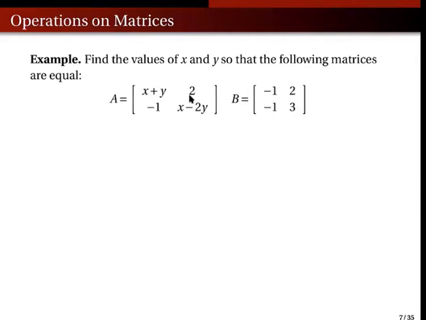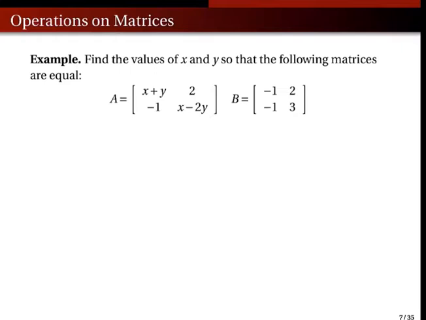Notice this entry here is already the same as this entry, and this entry is already the same as this entry. So what we want so that A and B are equal is that x plus y must equal negative 1 and x minus 2y must equal positive 3. So let's work on this.